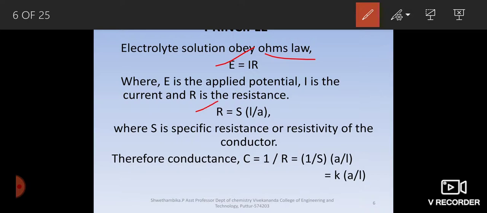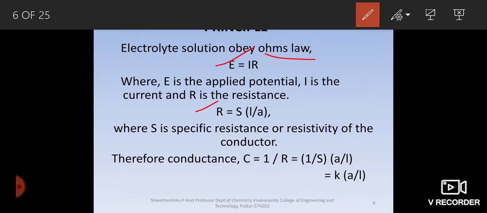Also we know that resistance offered by any part of the system is given as R = S × L/A. We must also know the terms involved here, where S stands for specific resistance, also called resistivity of the conductor. L is nothing but the length of the conductor, and A is the area of cross section.